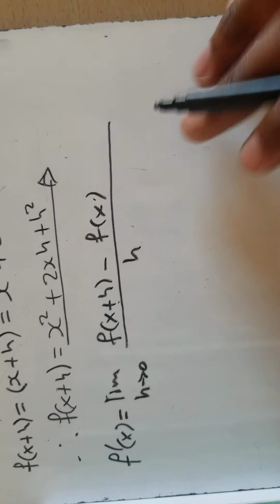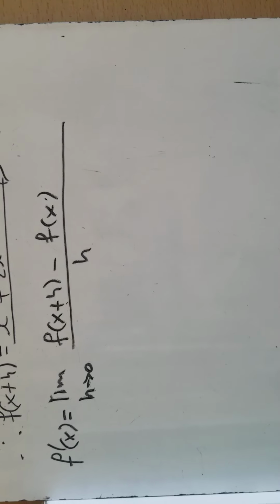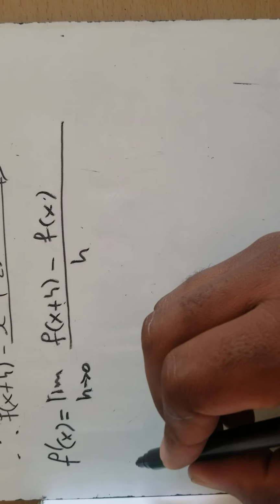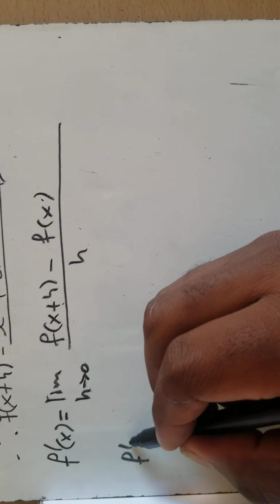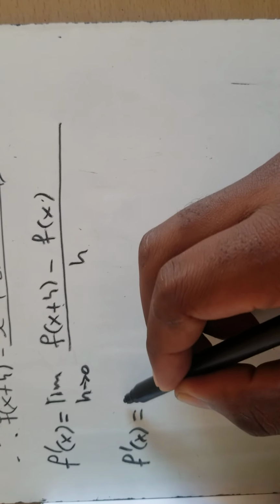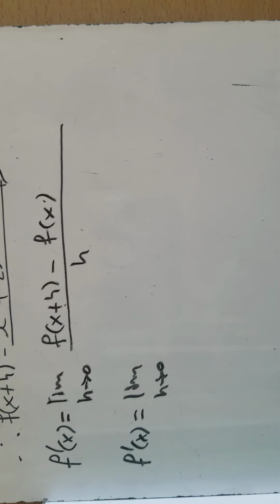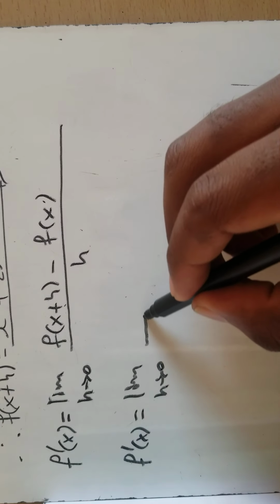This is the equation. So now we do the substitution. The first thing we do, we write down the equation. The second thing we do, we substitute. So we have f prime x equals the limit as h approaches 0. You keep on writing this limit, guys. I will tell you when to stop writing the limit.